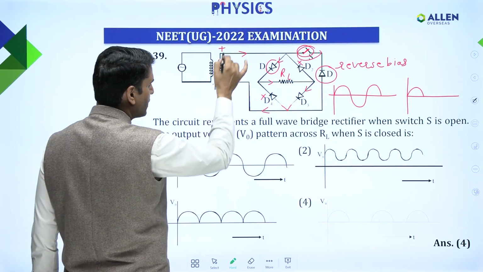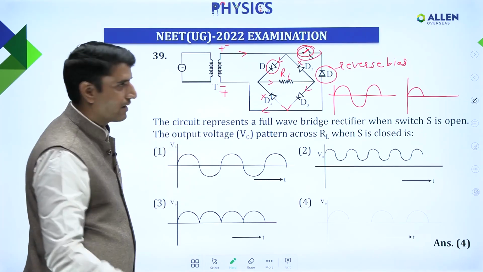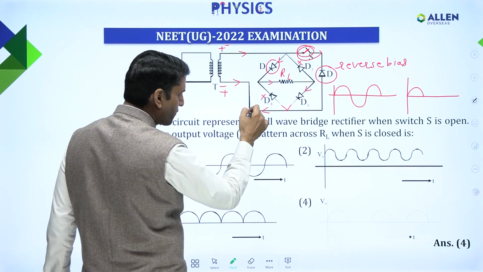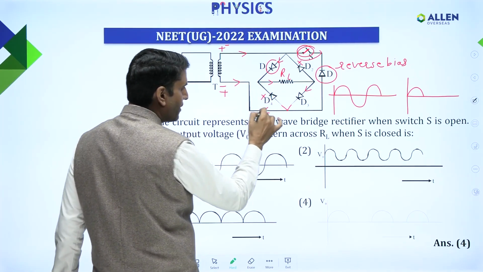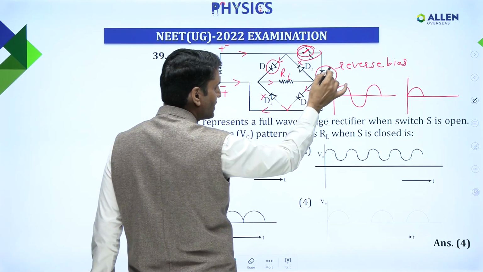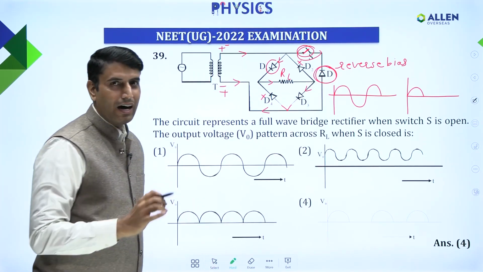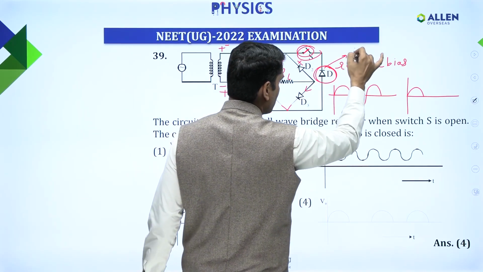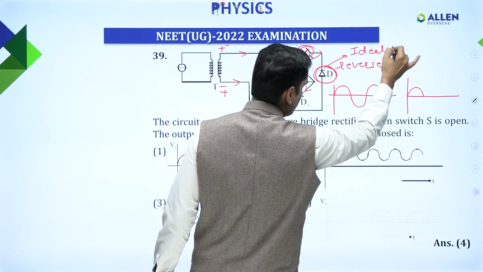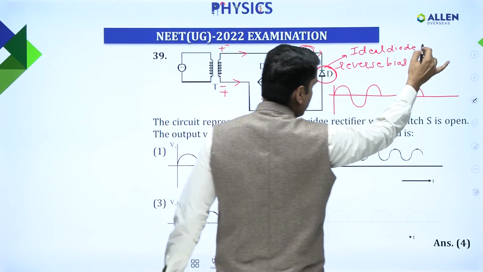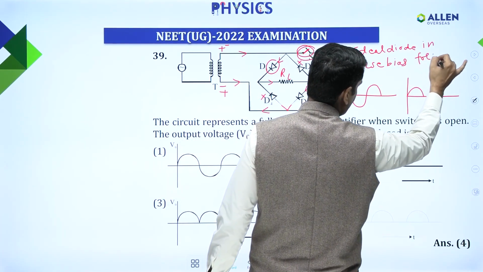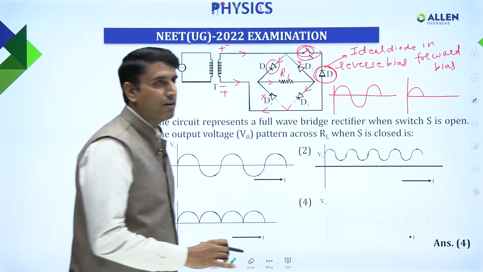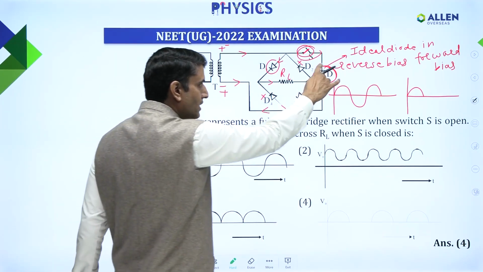Now for the second half, this would be the positive end and this would be the negative end. In this case current will try to flow from this end, and this would act as an ideal diode in forward bias, so there will be no resistance in this one.